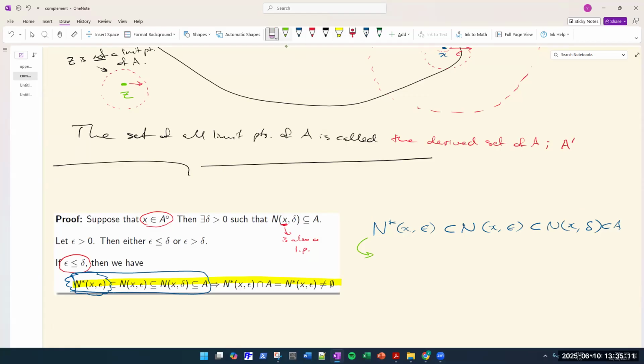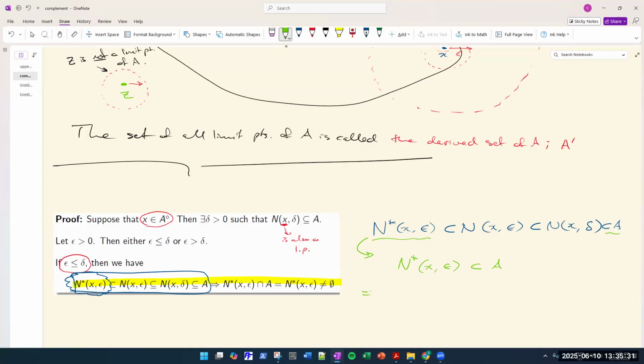From here, I'm just going to take this part and this part. So I know that the deleted neighborhood, center at X, radius epsilon is contained in A. So ignore these middle two neighborhoods.